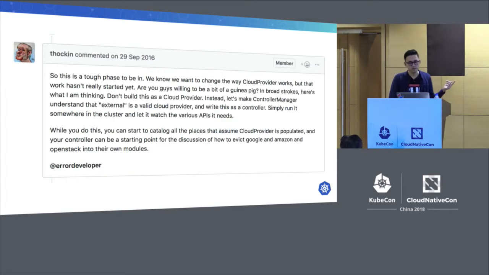And so Tim Hockin had proposed a new idea in a pull request, which was essentially to build an out-of-tree controller manager that could be developed per cloud provider, and then we could gradually migrate all the existing in-tree providers into those out-of-tree cloud providers.